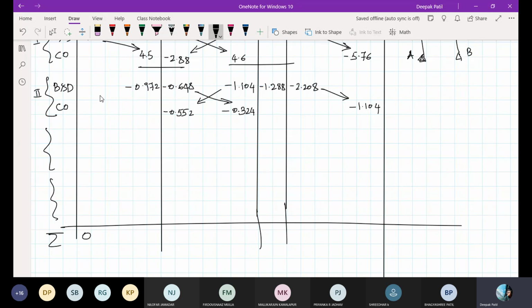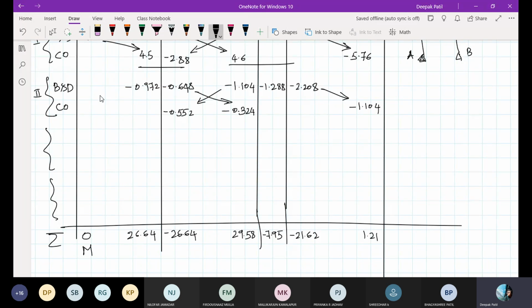So this comes out to be 0, this is 26.64, this is -26.64, this is 29.58, this is -7.95, this is -21.62, and this is 1.21.